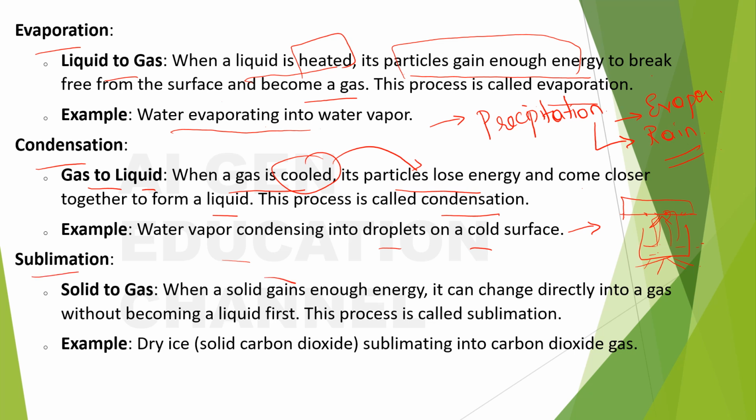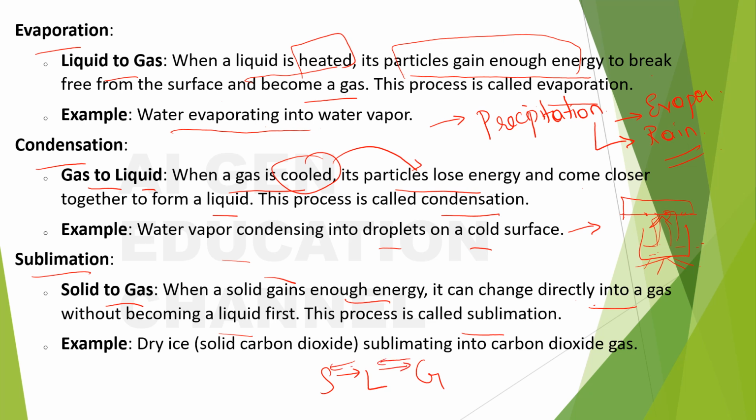And the next thing is sublimation. What is sublimation? Solid to gas. When a solid gains enough energy, it can change directly into gas without becoming a liquid first. This process is called sublimation. Till now we had been seeing solid to liquid and liquid to solid, liquid to gas and gas to liquid.